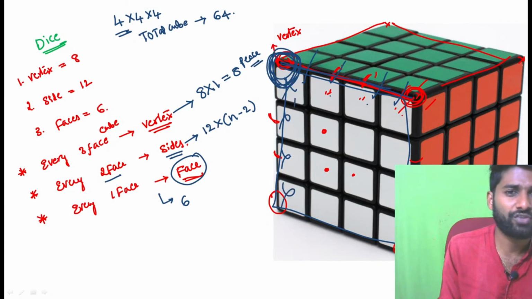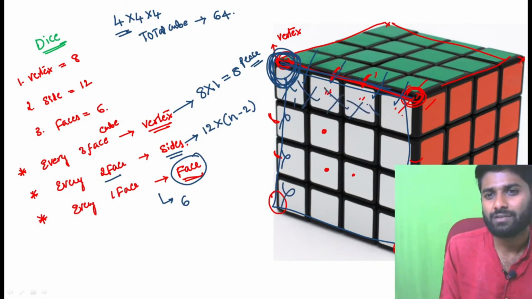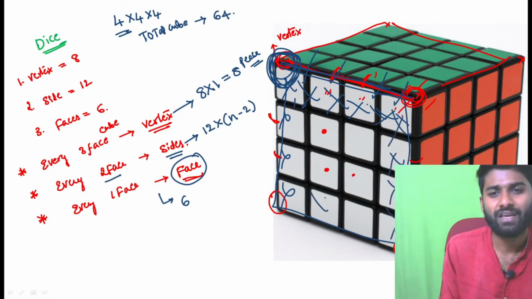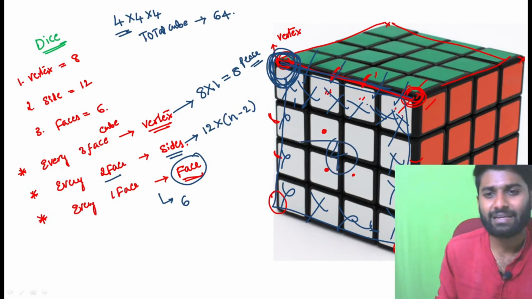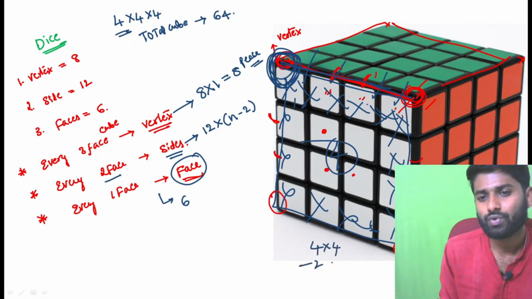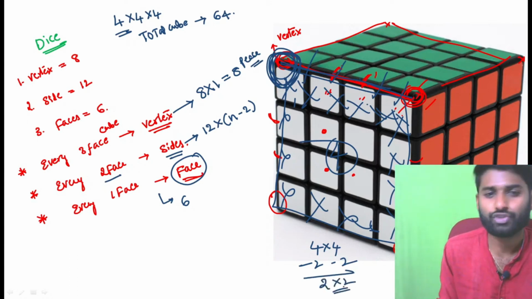This is the combination of 2 and 3. So we are left with only 4 pieces. The entire matrix is 4 by 4, we just eliminated 2 rows and 2 columns, so the value becomes exactly 2 into 2.